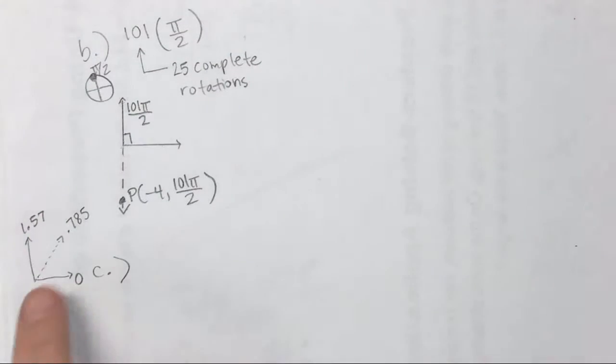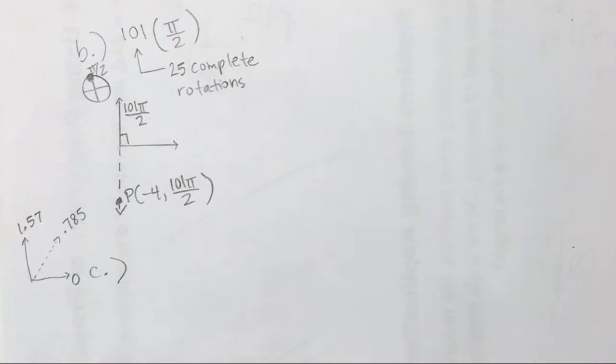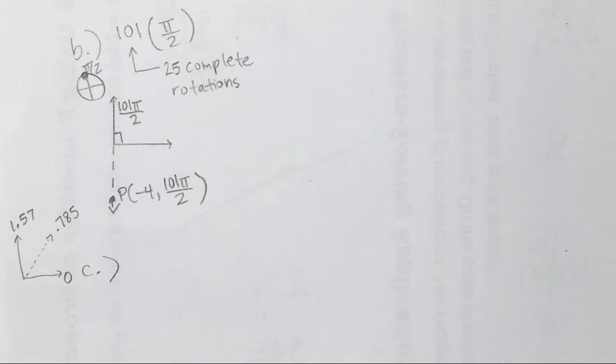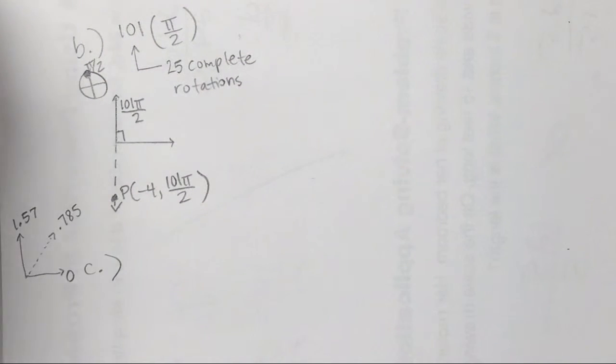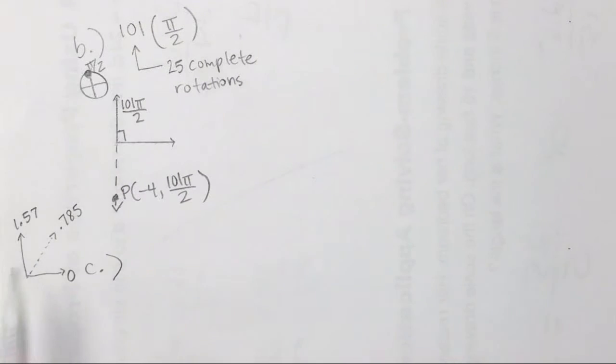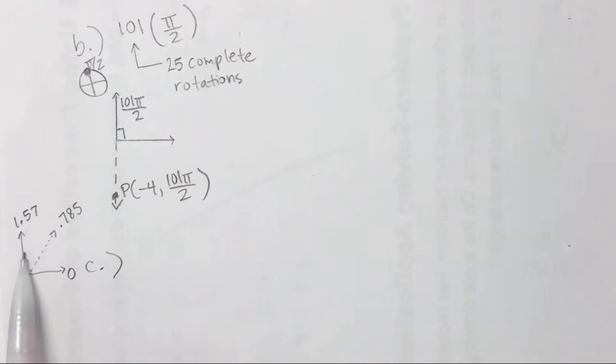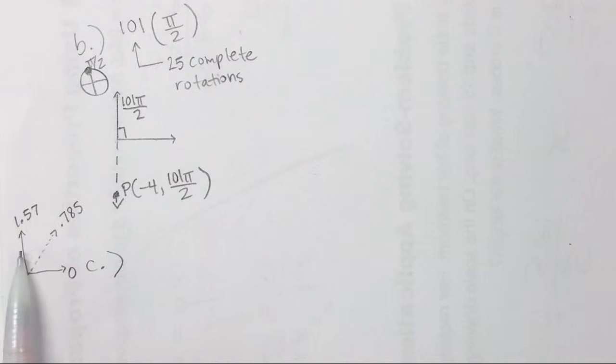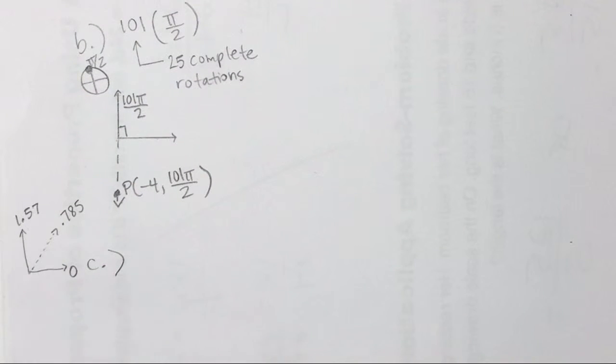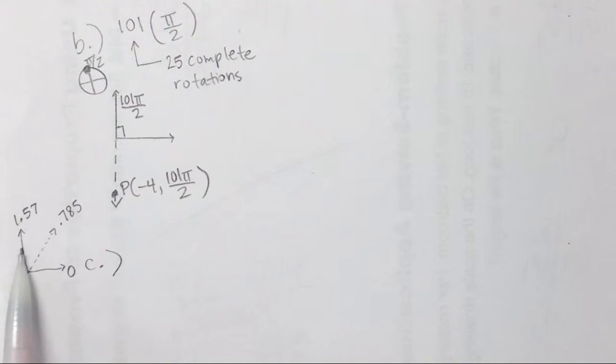Okay, so if I'm trying to estimate where 1 is, and it's completely fine if you do an estimation for this, I'm going to estimate that it's somewhere between the 45 degrees and the 90 degrees. Because it's 1, probably a little bit closer to the 45 than to the 90 degree line.